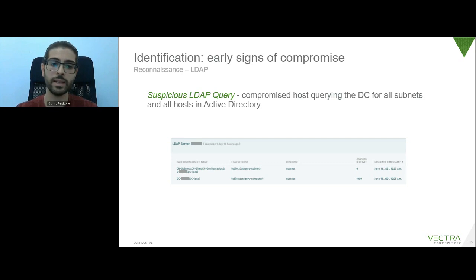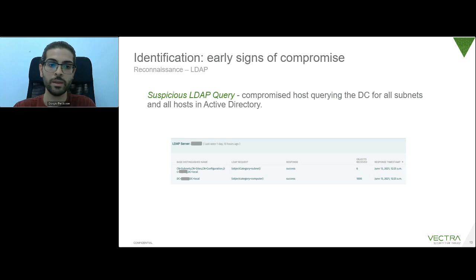The point here is that before even looking into detections, you have to know about your environment. So you have to know if and when your maybe privileged accounts or your administrators are going to run a query like this, if they actually are.